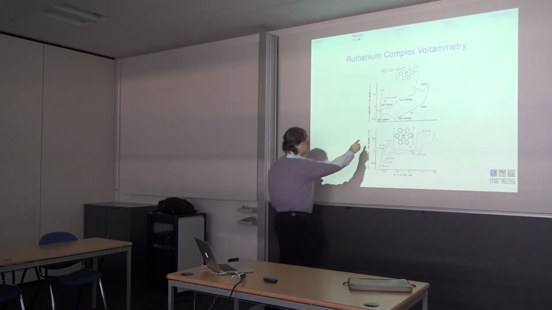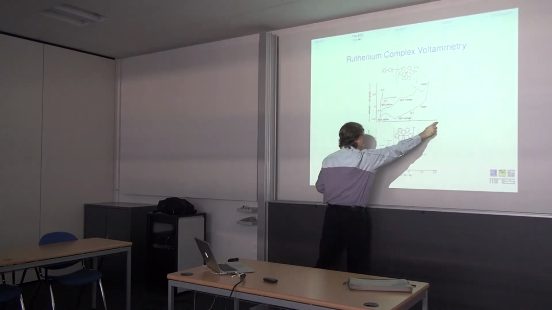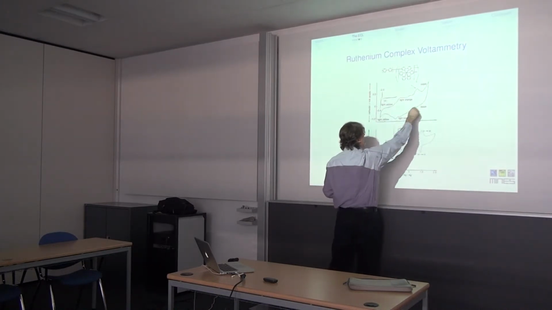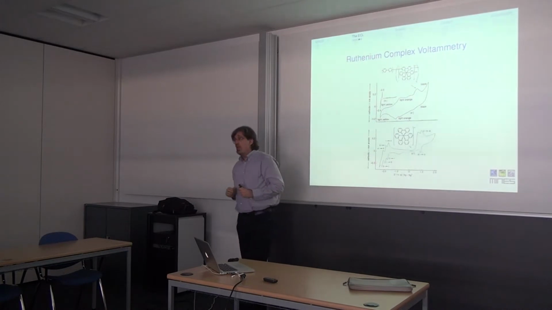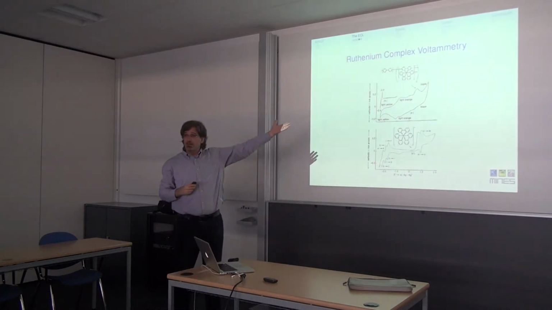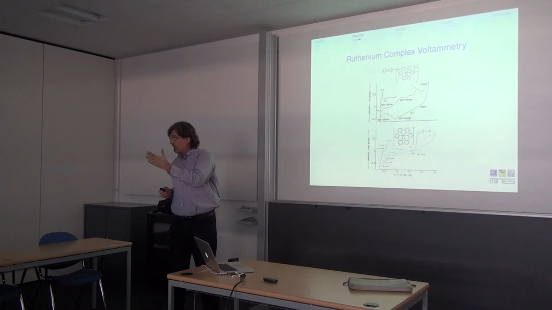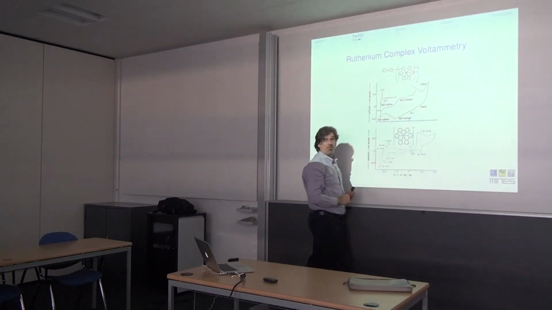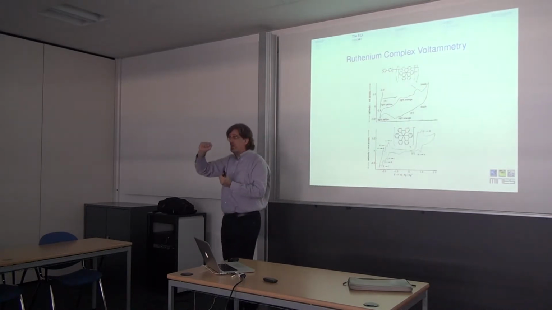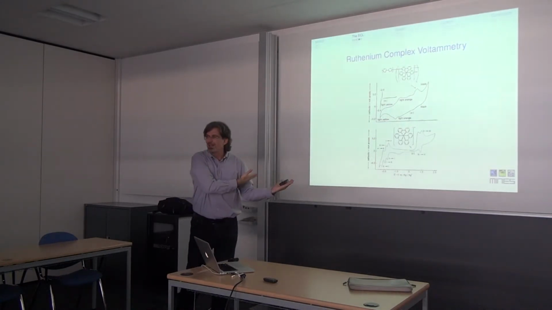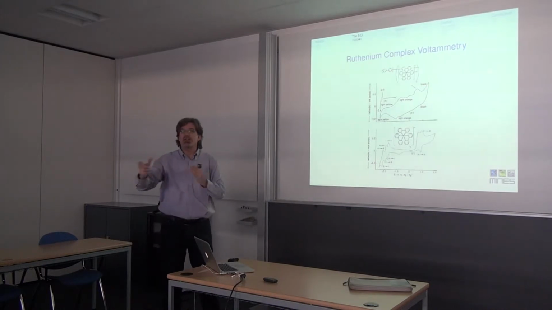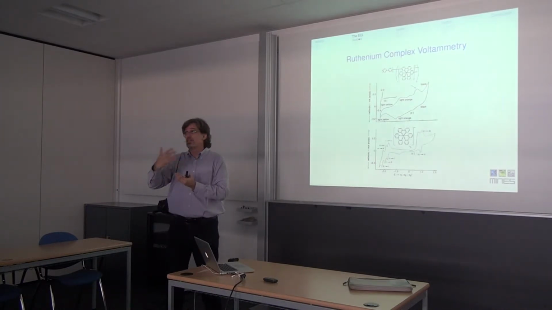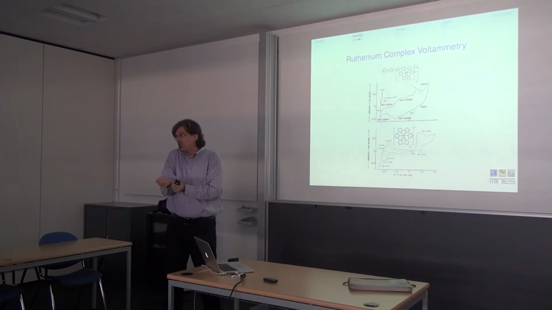So I go up and down, and I have back this response in terms of current, but the important point is that every time I pass in front of this moment, I have the current, because I have the reaction. It is a redox, in this case an oxidation, so I have exchange of electrons, and so I have the current. But at the same time, I have emission of light.